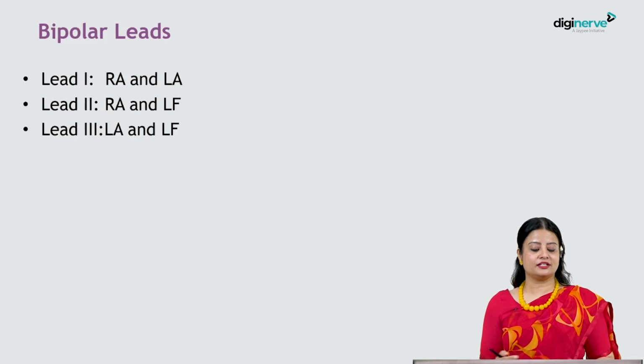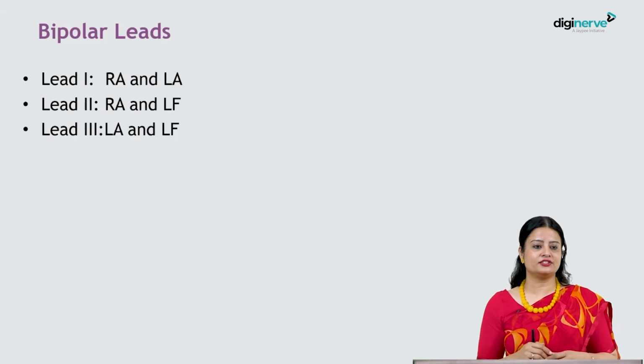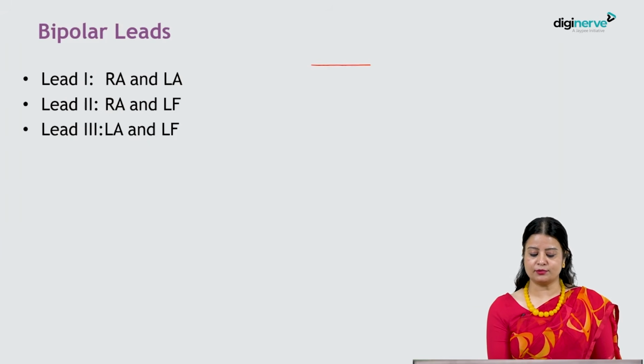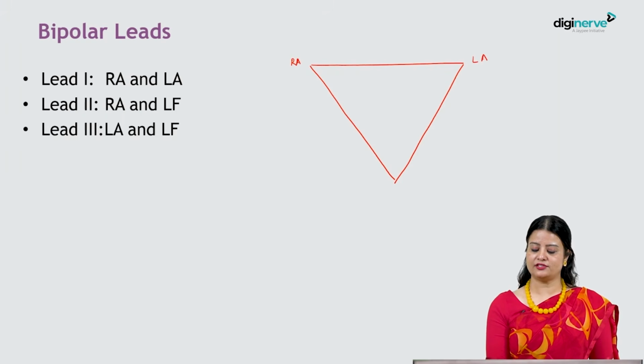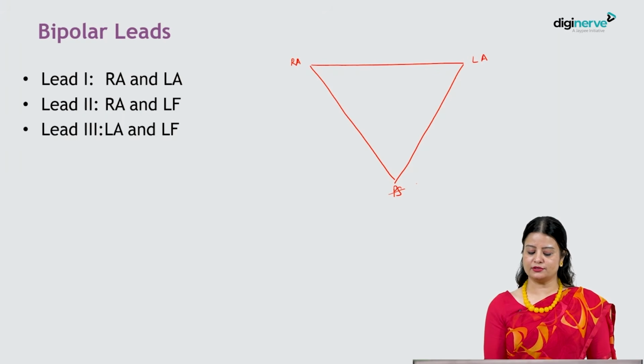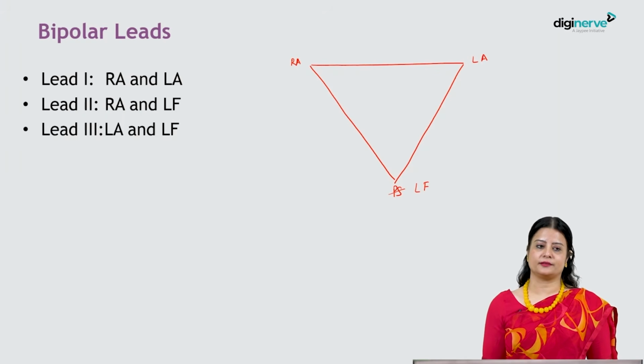So coming back to lead 1, 2 and 3. Let's put our concept of Einthoven's triangle here. We have right arm, we have left arm, and we have pubic symphysis, but we commonly use the term left foot.